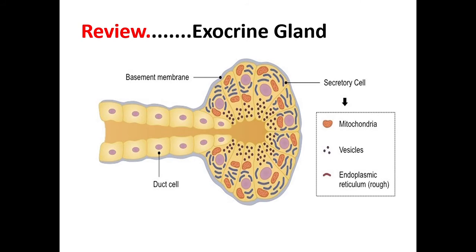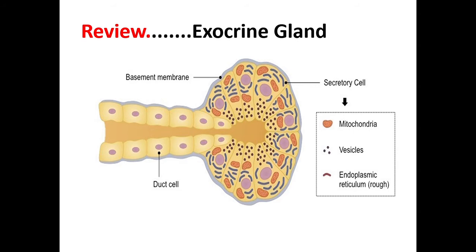The next two slides will give us the illustration of the exocrine gland. So in this illustration, we have the duct of the exocrine gland and we have the secretory cells.